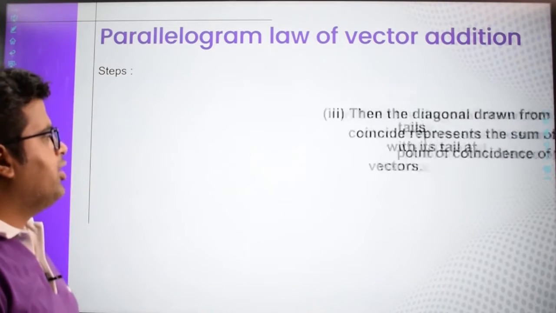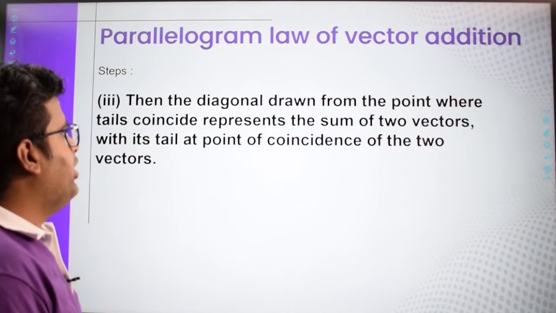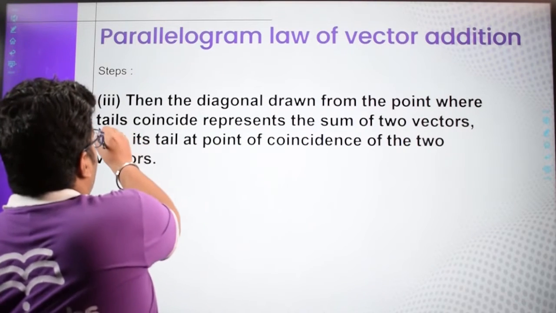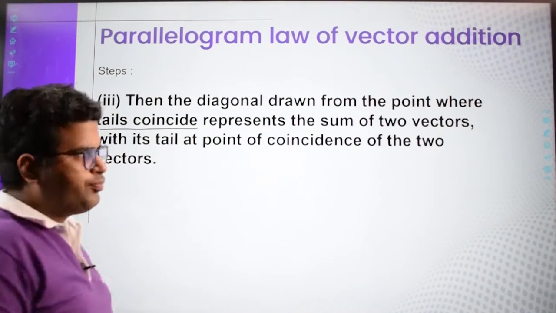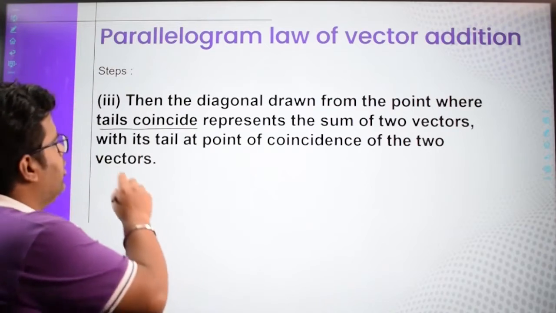Now the resultant will be basically the diagonal, and it starts from the point where the tails are coinciding, and that represents the sum of two vectors, right?